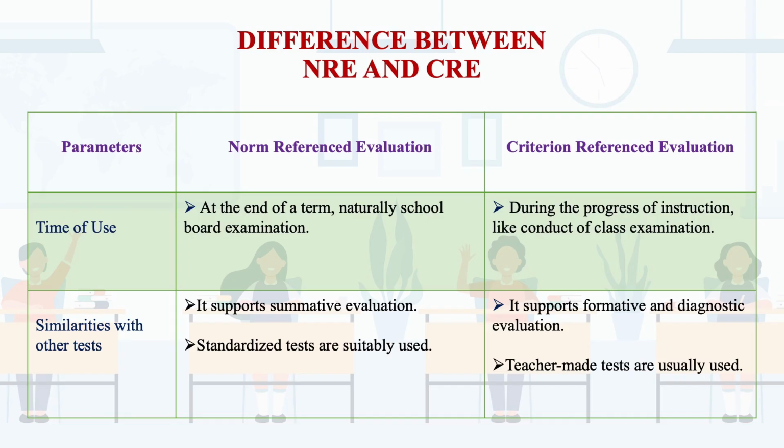So further, to differentiate between norm-referenced evaluation and criterion-referenced evaluation, we will discuss a few parameters, just like the parameter of time of use. We can say that norm-referenced evaluation is used at the end of the term, or naturally the school board examination is an example of the norm-referenced test.